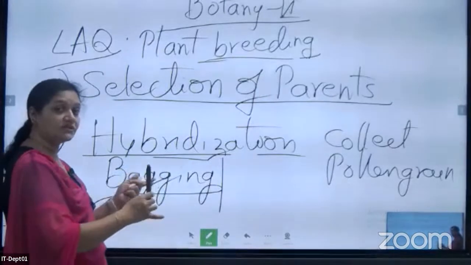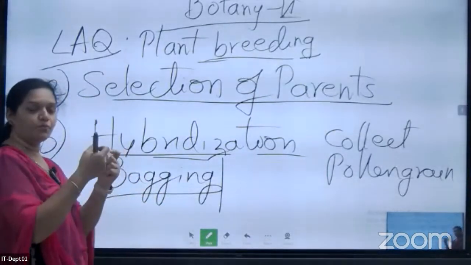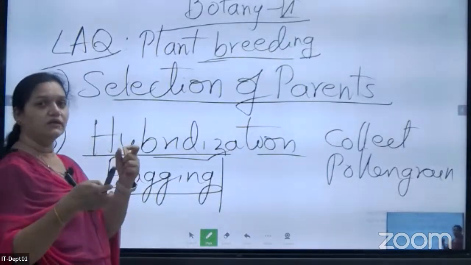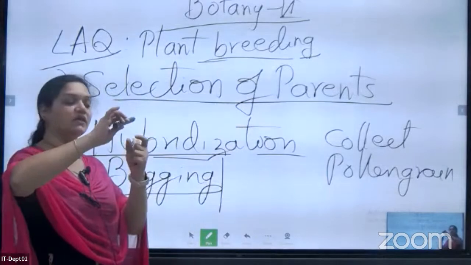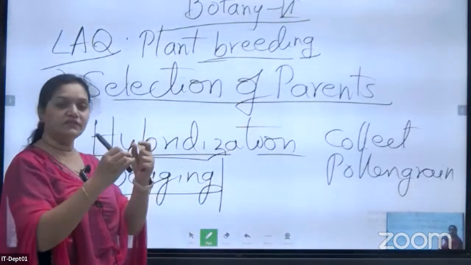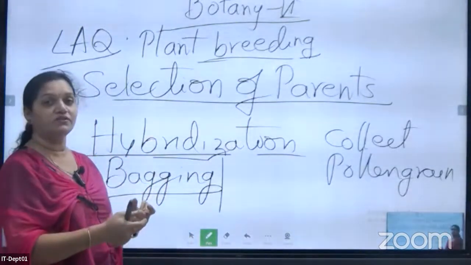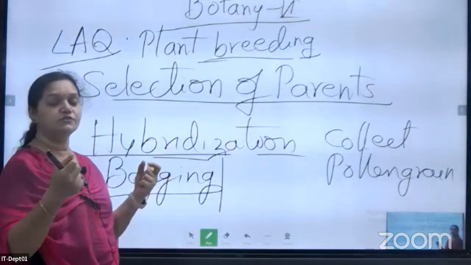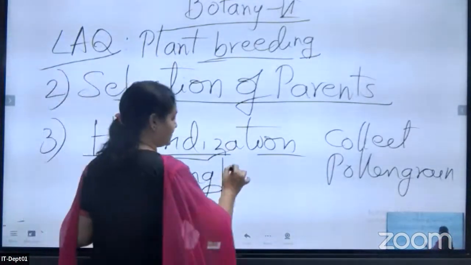So how do we do this? We open the polythene sheet, put in the brush and sprinkle the pollen grains on the emasculated female flower. After that, we cover the flower again with the same polythene sheet and tie it off. This process is called the rebagging technique.